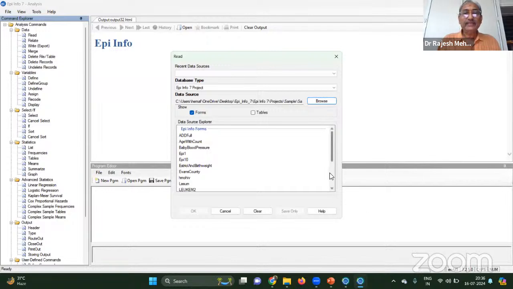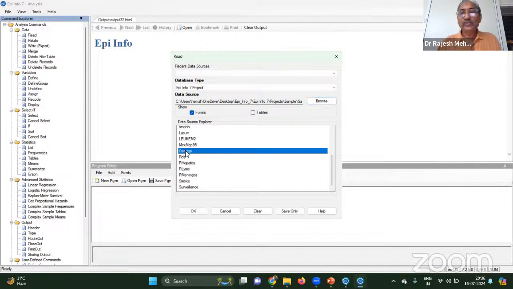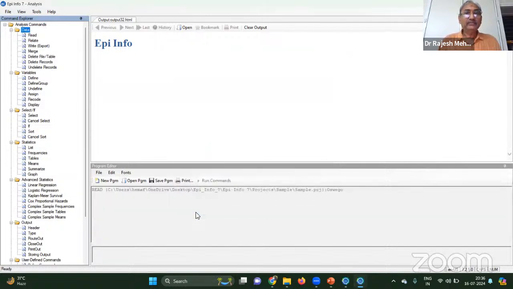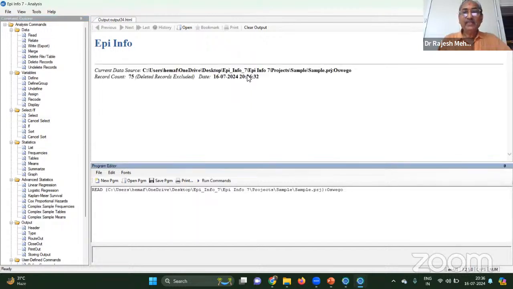In this case, we are going to use the Oswego file, which is the file prepared out of the outbreak of a disease. 75 people went for a party, a birthday party probably, and then we do the analysis. So these 75 records are read by the software, and now the software is ready to do the analysis.